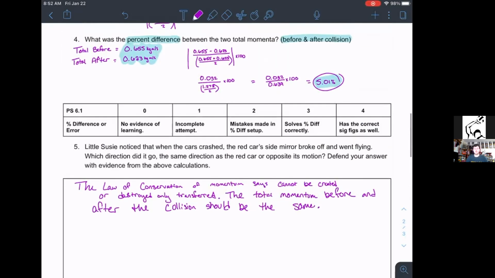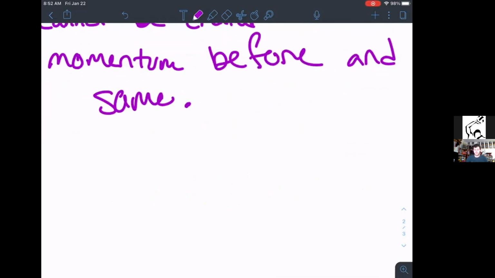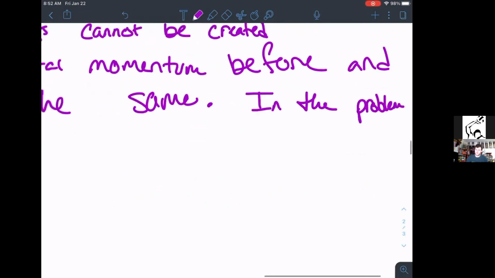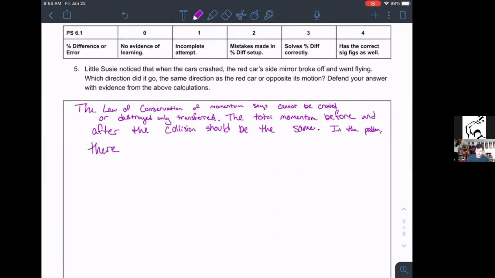And as we can see, when we took the difference up at the top, there was a difference of 0.032 kilogram meters per second. This difference means that the momentum of that side mirror wasn't included in our total calculation.